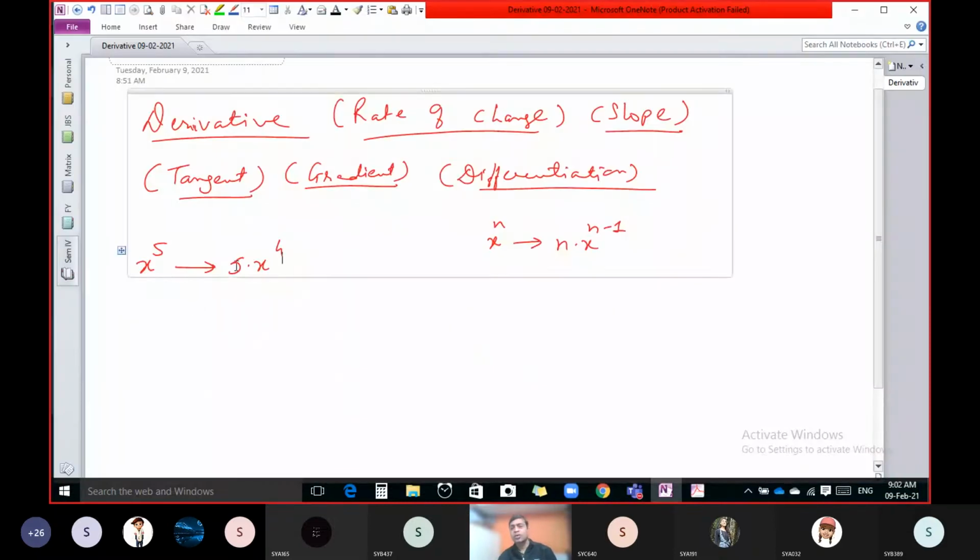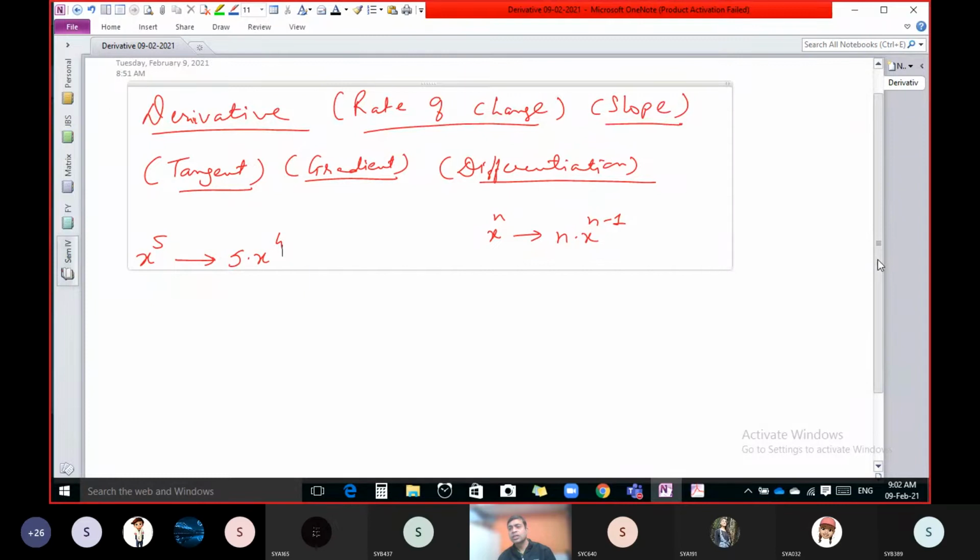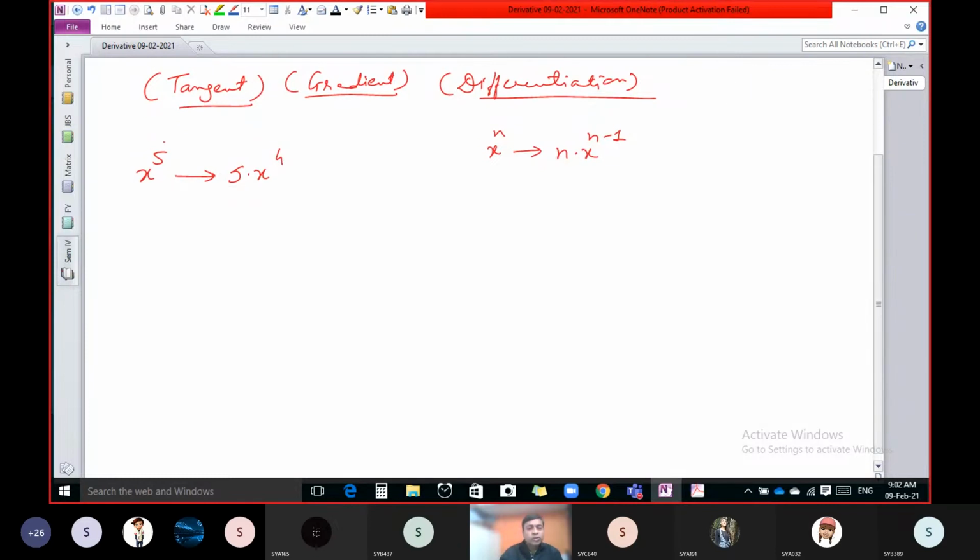Okay. Now the question is, if you want to check how to get this answer, then what do we have to do? We have to go for the definition. Suppose there is one function f of x. Now if we put x equal to a, we get f of a.